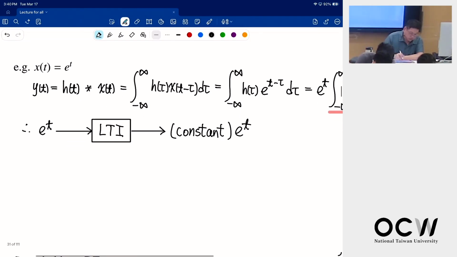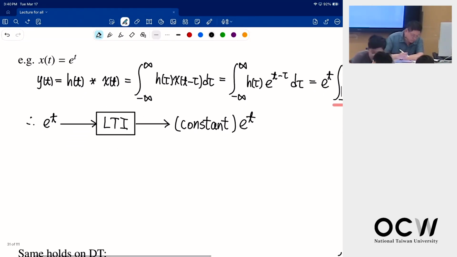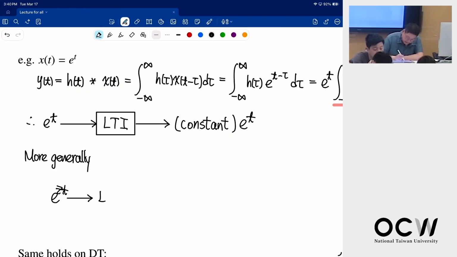So more generally, e to the zt, and I send it to an LTI system. What do you expect about the output?